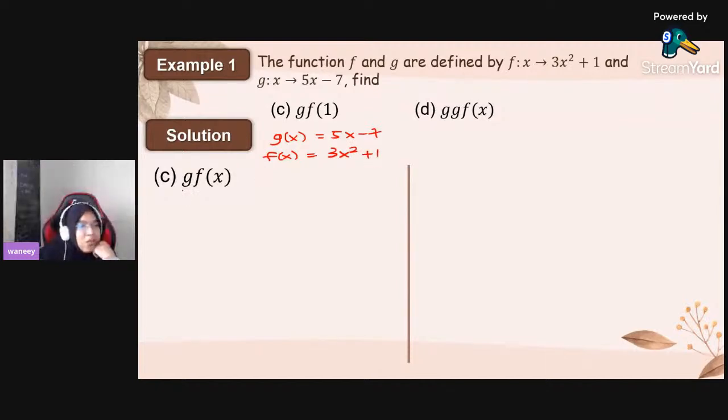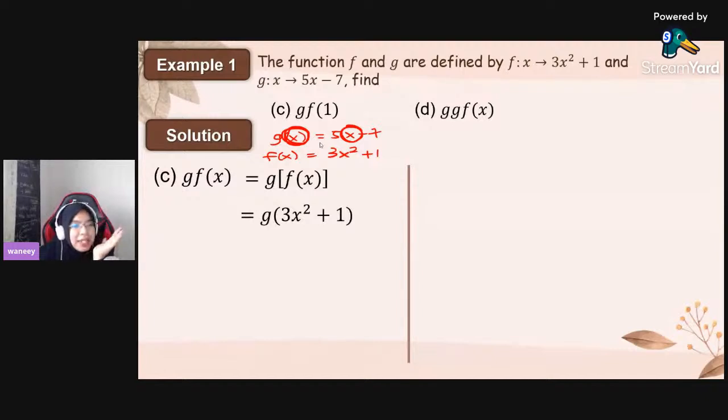So what do we mean by g(f(x))? By definition, it is supposed to be f inside of g. So every time we see the x in g, we should replace the x with f(x). So they will become g(3x squared plus 1). So replace the x with 3x squared plus 1.